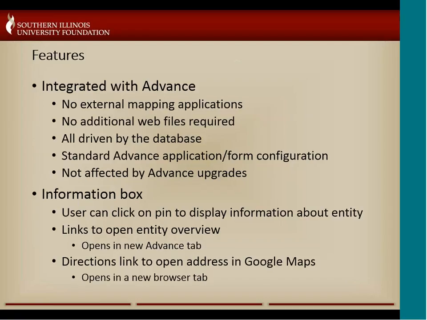And with that, we don't have any external mapping applications like Microsoft's MapPoint or anything like that. There were no additional files. Like I said before, we didn't do any modification to the actual Advance application itself as far as core files and things like that. The entire thing is driven from the database, so we don't have any external programs running and making this happen.